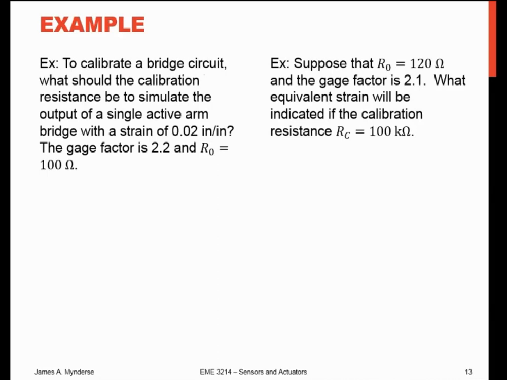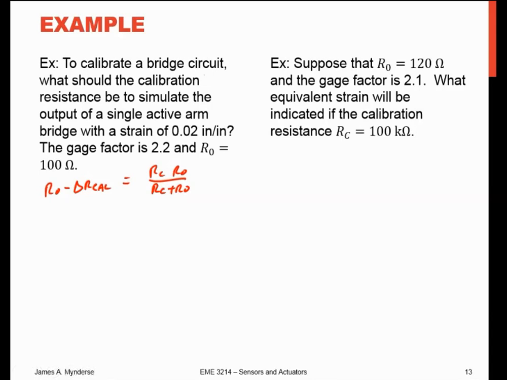So my equation here is R0 minus delta RCal. This is our calibration delta that we want to hit, and it equals RC R0 over RC plus R0.